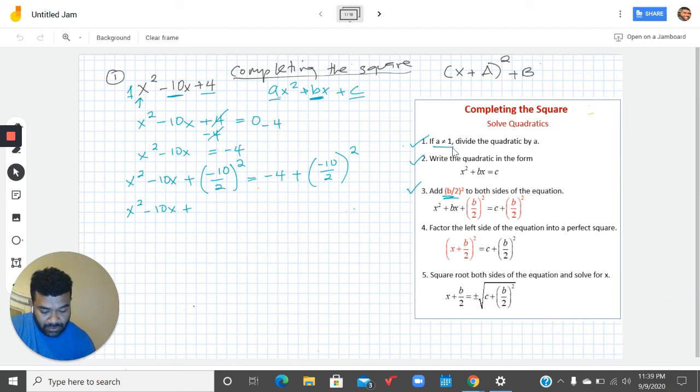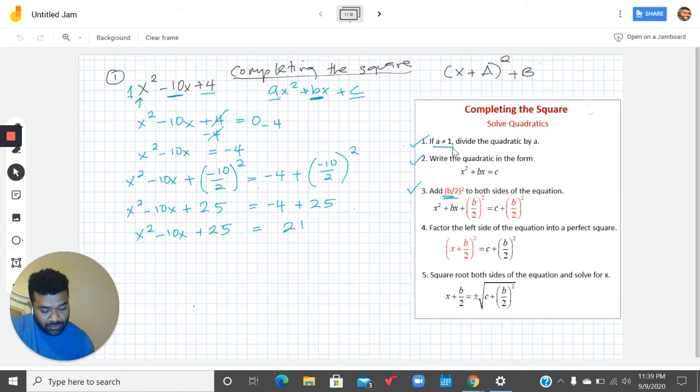So you have a plus 25 on the left, and also on the right we have a negative 4 plus 25. If you add on the right, it's going to give me a positive 21. And then on the left, we are left with x squared minus 10x plus 25.